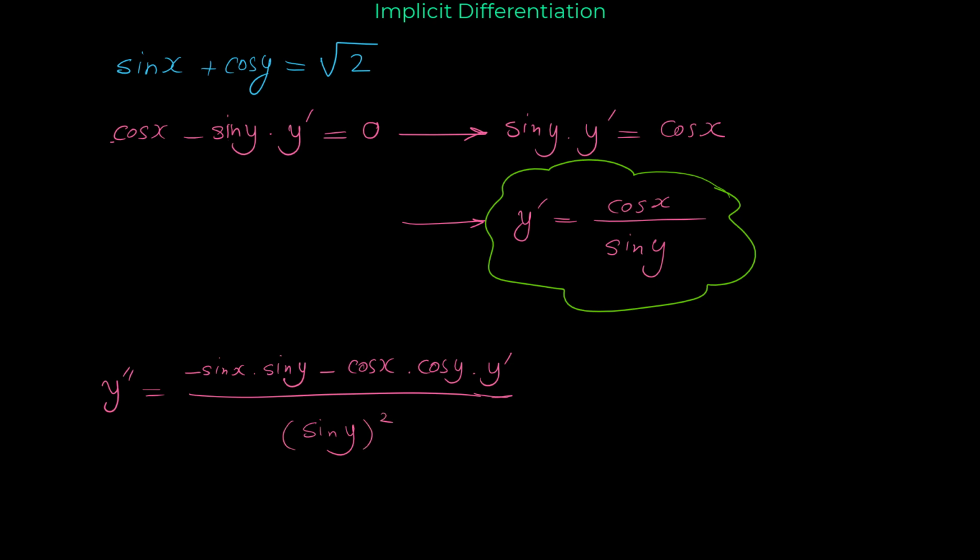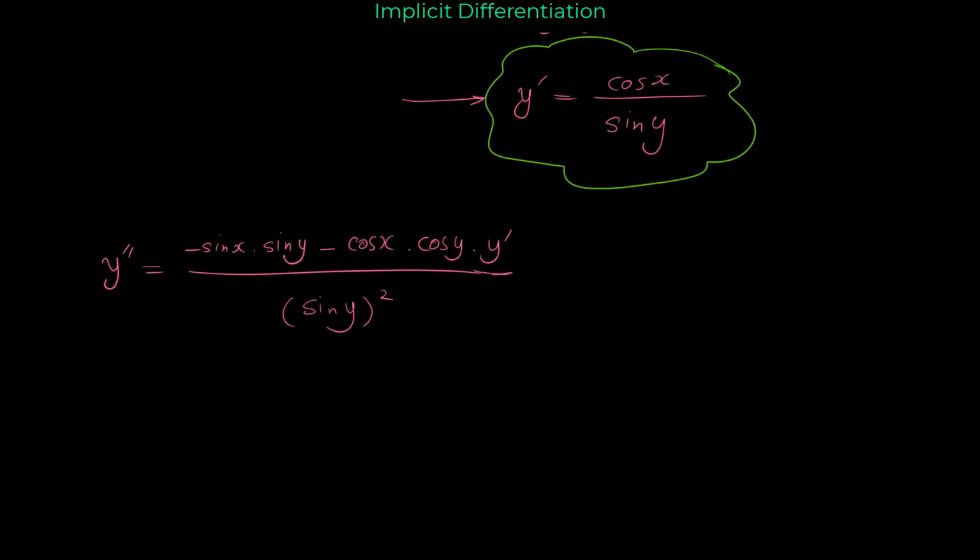Now here we have to replace the y prime with its answer. Y prime is cosine x over sine y. So we can write our answer in this form.